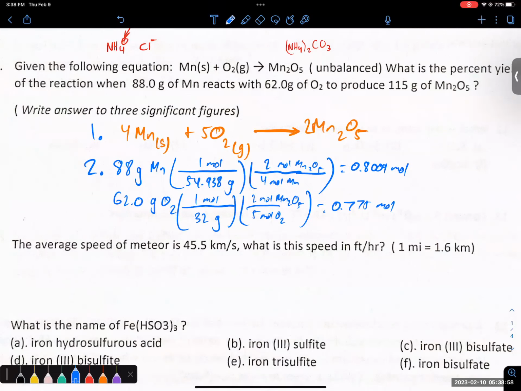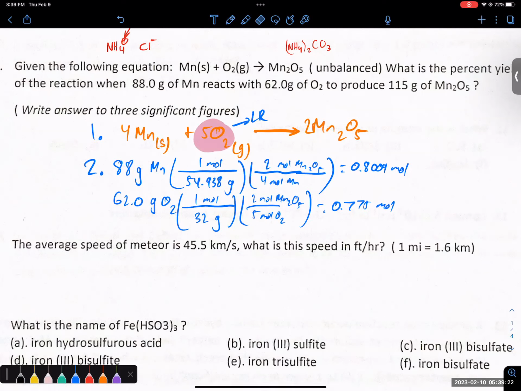With that being said, which one of these is our limiting reagent? Which element would that be? It is indeed oxygen gas, so this is our limiting reagent.